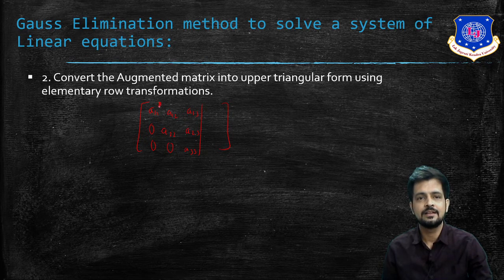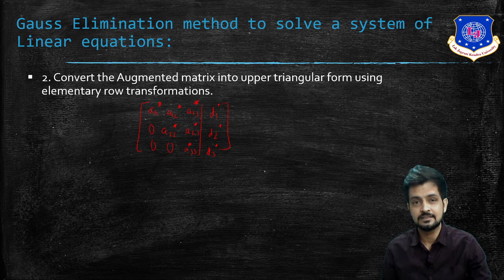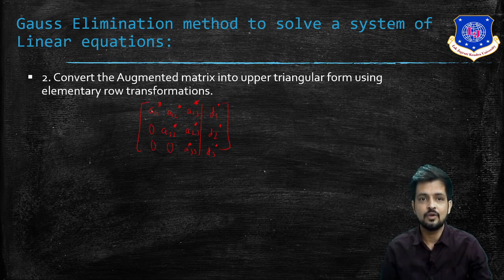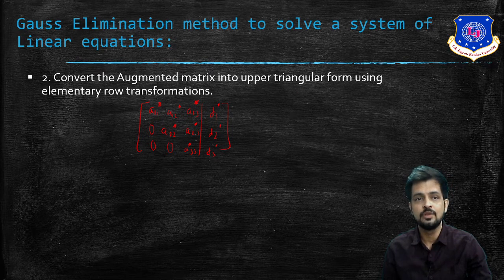I am writing star because these values will be changed, and d1, d2, d3 will also change, so I write d1 star, d2 star and d3 star. In this way I have converted this augmented matrix into upper triangular form using elementary row transformations.